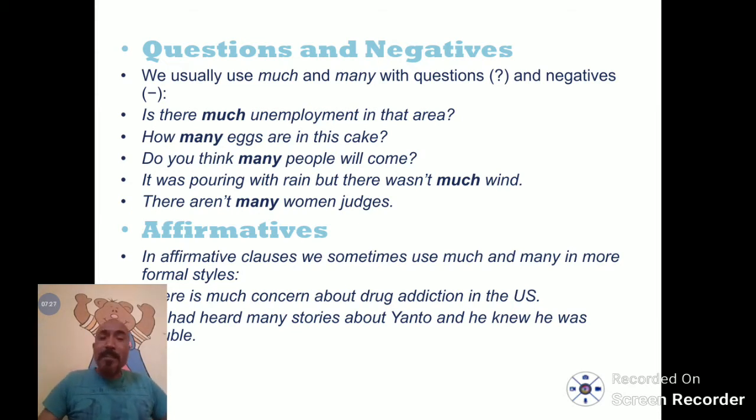In affirmative clauses, we sometimes use much and many in a more formal style, when we want to be formal. So when we are writing a letter to a director or applying for a job, we cannot use a lot of, so we use much and many to be more formal.